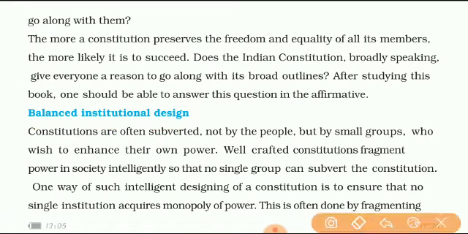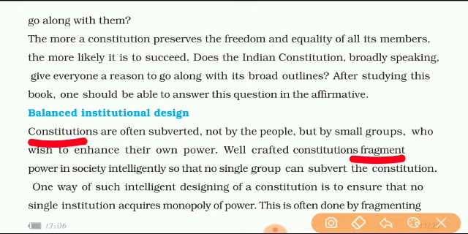Here it is written that constitutions are often subverted not by the people but by small groups who wish to enhance their own power. See, well-crafted constitutions fragment power in society intelligently so that no single group can subvert the constitution. One way of such intelligent designing of a constitution is to ensure that no single institution acquires a monopoly of power.